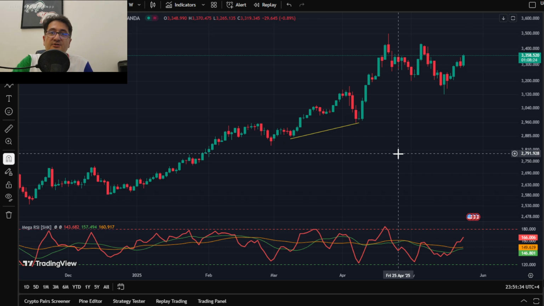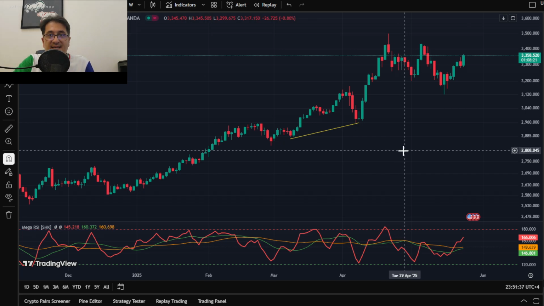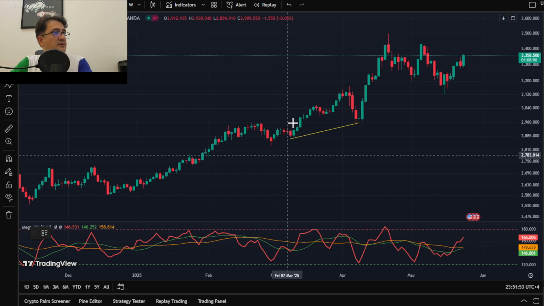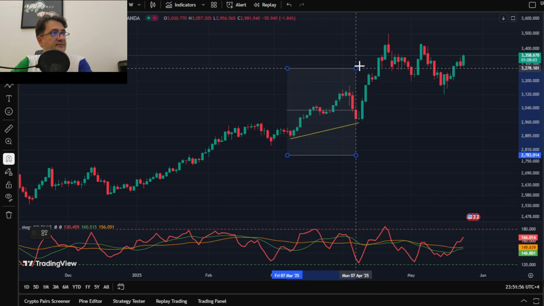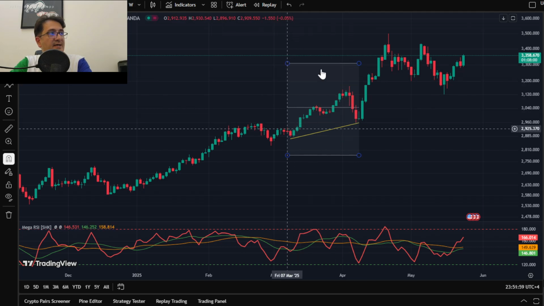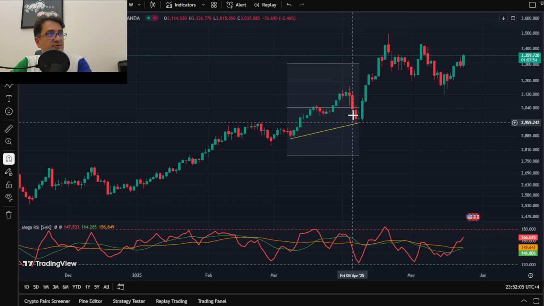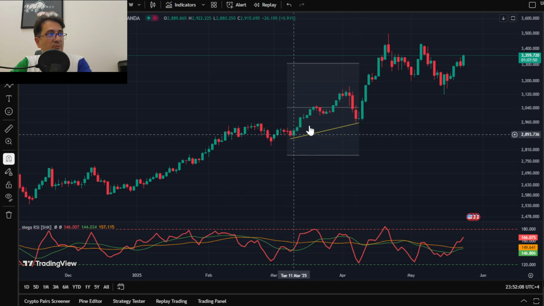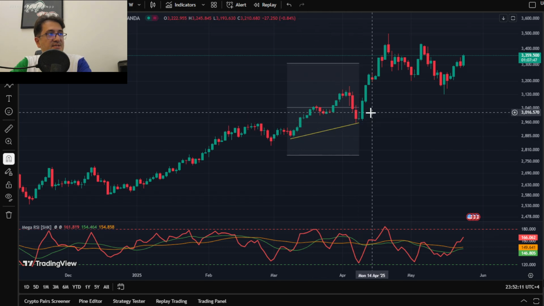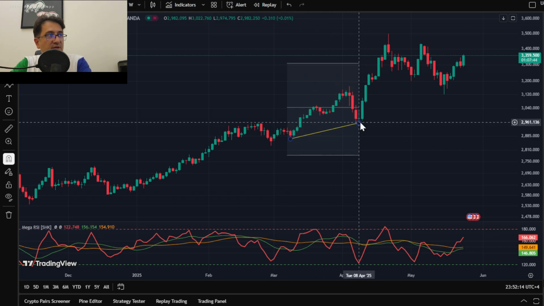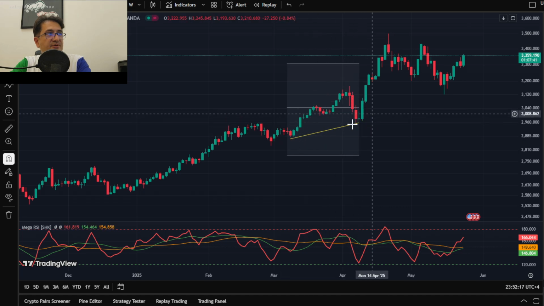Divergence is when the direction of the price action is the opposite of the direction of the indicator you're using in the same period of time. So here, if you look at this box that I made, the price has a bottom here and also another one here. This is low number one, this is low number two, and you see this low number two is a higher low, so it is higher than the previous low.